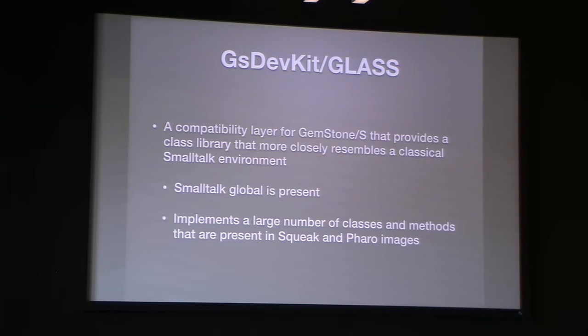Probably 4 or 5 years later, I split Seaside out of Glass, because there were other web APIs that didn't need to have Seaside in the image, and I didn't bother to change names, nomenclature and documentation. So it's eventually going to be GSDevKit, but it's now GSDevKit Glass, because there's too much confusion out there right now. If you start poking around, you'll see what I mean on the web.